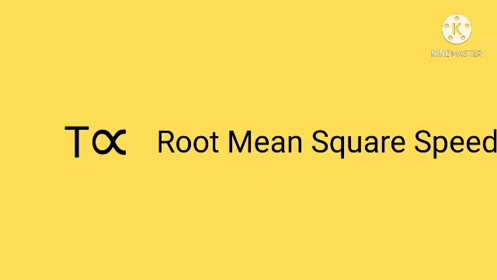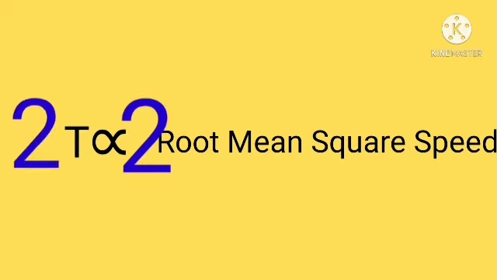Right, so based on this information, you can understand that absolute temperature has a positive correlation with the root mean square speed. If you want to double the root mean square speed, then you have to double the temperature. Simple.